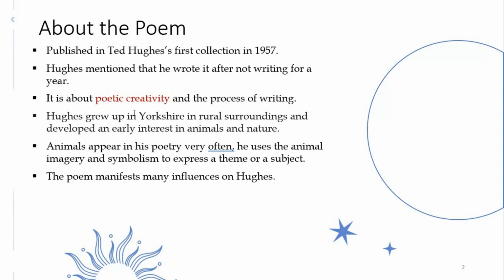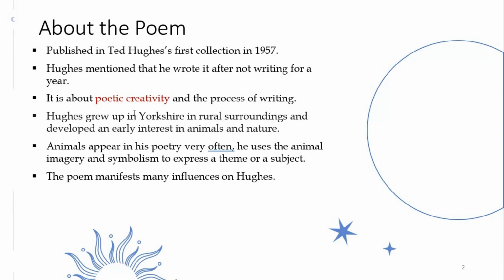How does it happen? This is a question that we can find not only in Hughes' poetry, but we can find it in many other poets. In their poetry, they always have this kind of concern about how can I write poetry, or where does it come from? Or what if the source of my inspiration fades, or what if I cannot write anymore?